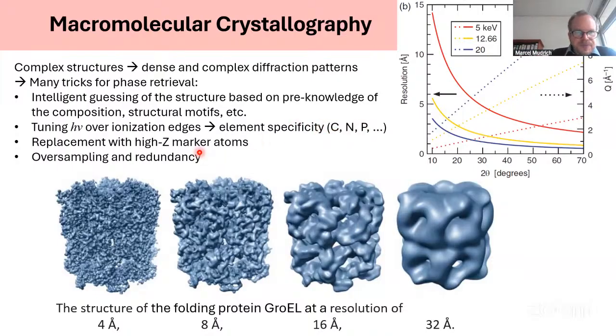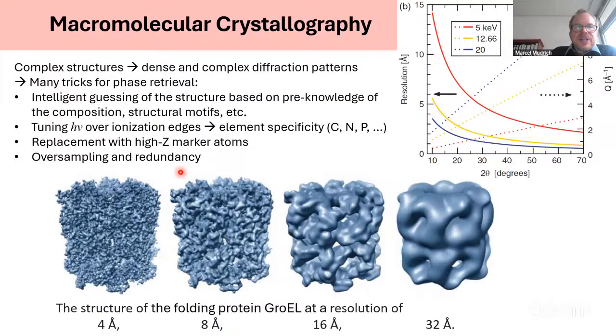So that helps. We can produce different samples by replacing certain atoms with high Z. High Z means heavy atoms that contain many electrons, because it's the electrons that scatter. So an atom that contains many electrons, like a heavy metal, for example, or iodine, or some heavy marker atom, would then scatter the light much more efficiently.